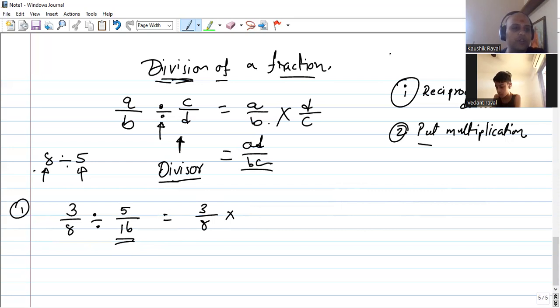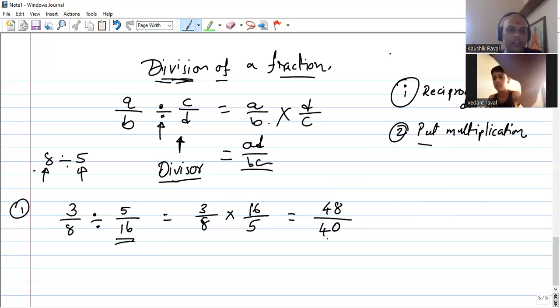So what is the reciprocal of 5 upon 16? 16 upon 5. Now, like we did earlier, you can do it like this also: 3 times 16 is 48, 8 times 5 is 40. You can do it this way, or you can do it from here also.